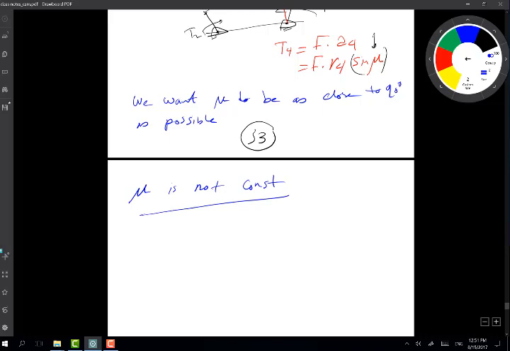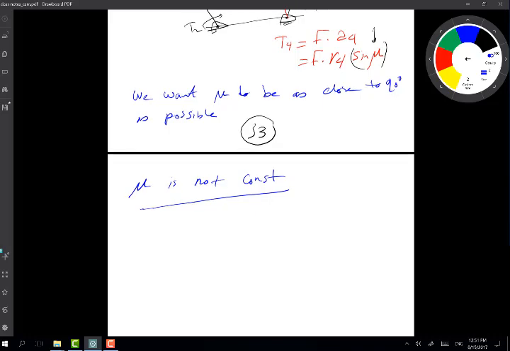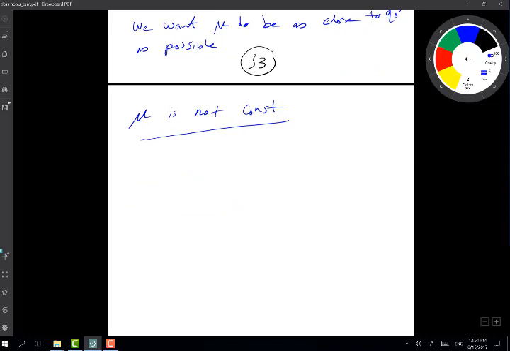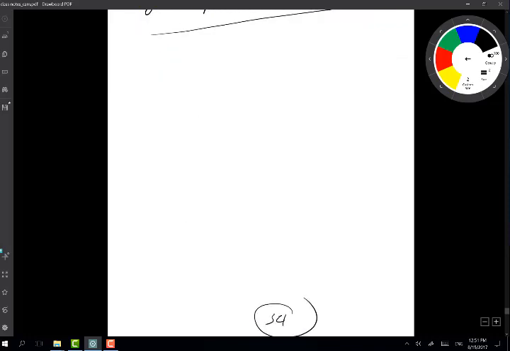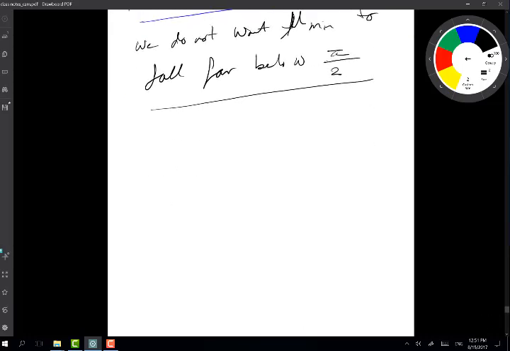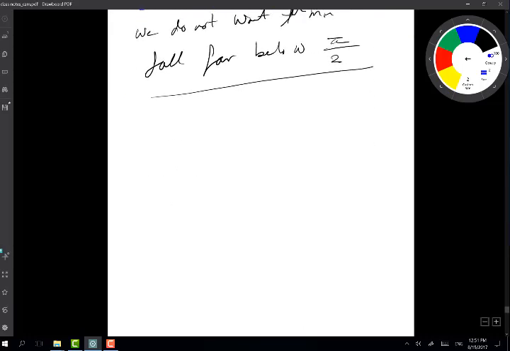We look at the maximum and minimum values of mu, and we don't want the minimum value to fall far below pi over 2. Then you can find the maximum and minimum mu as follows.